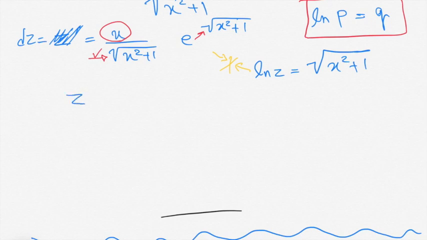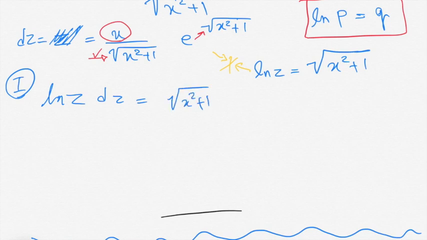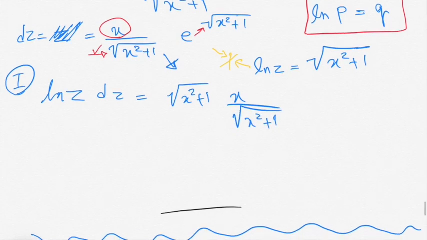So we call it z ln of z dz, and this will be equal to, so this one part of the solution, it will be equal to the square root of x2 plus 1 times x over x2 plus 1, e to the power of the square root of x2 plus 1, right?